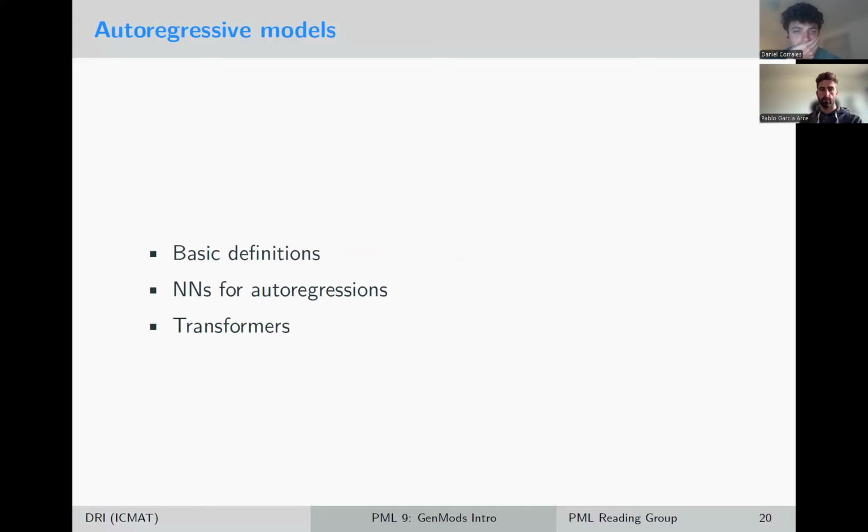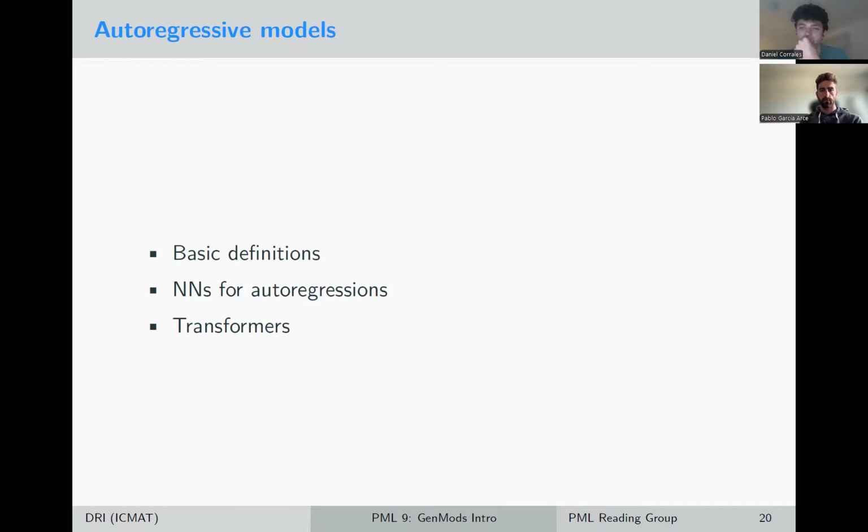So I shall recall several basic definitions. Then I shall describe in some detail neural networks for autoregressions, trying to combine the old style autoregressions with neural network-based autoregressions.